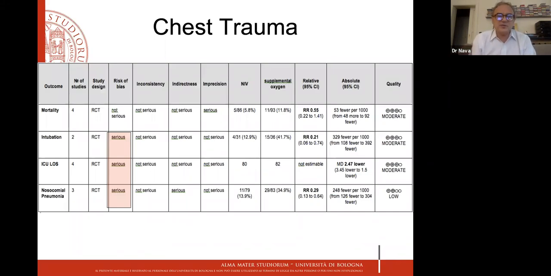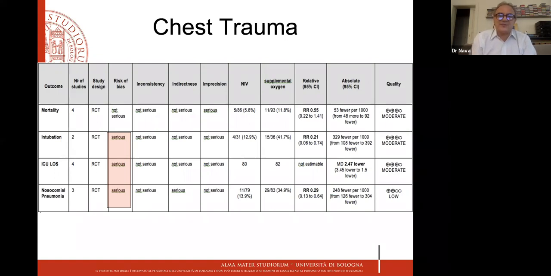But concerning the intubation criteria, the ICU length of stay, and the occurrence of nosocomial pneumonia, the bias was serious. Inconsistency was not serious, and the quality overall was moderate to low.